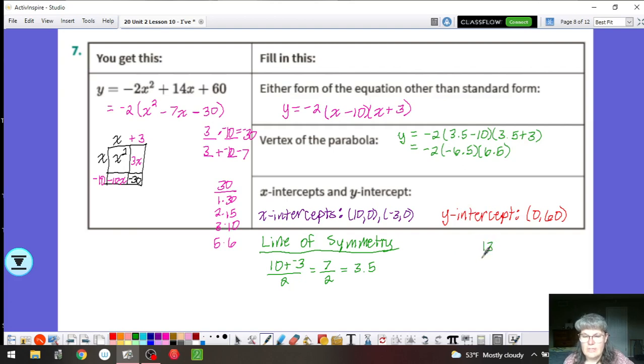And if I take 13 times 6.5, I'm going to have 84.5. So that means my vertex is (3.5, 84.5).